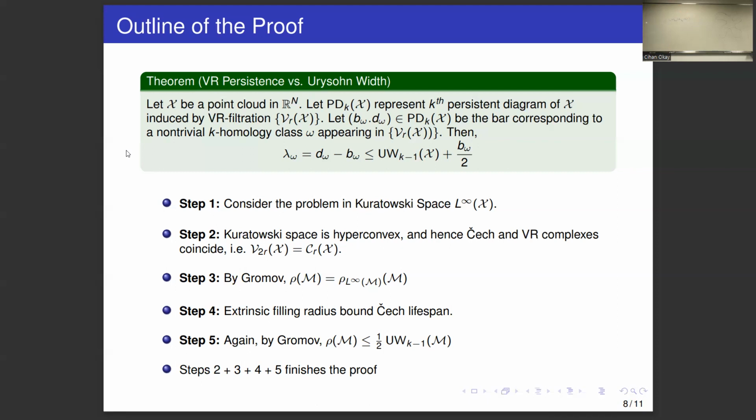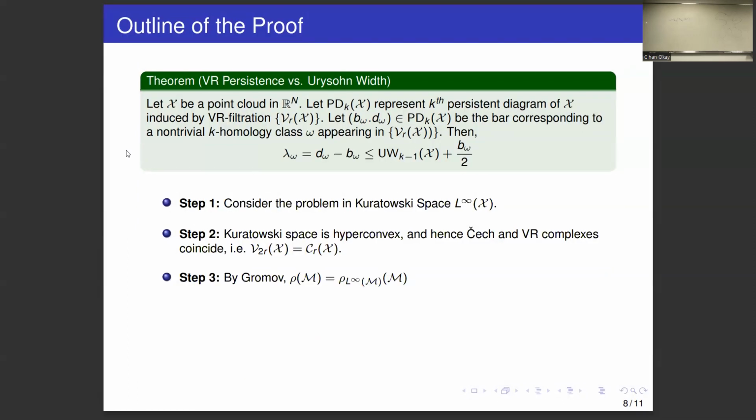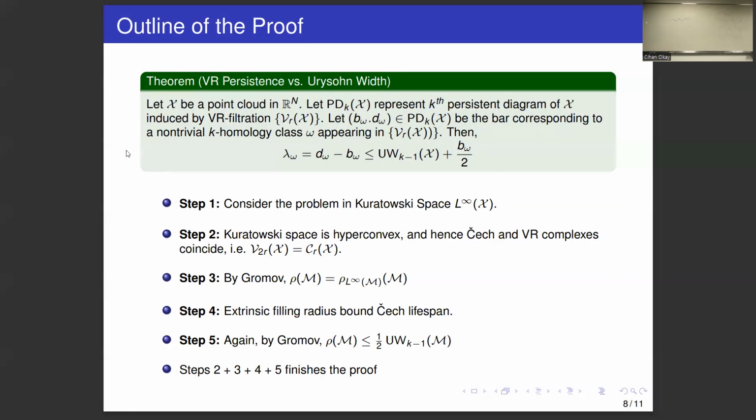No, you can still define Urysohn width just as before, but there must be something like this in that definition. Let me check. Did I mess it up here? Yeah, I need to fix that. Yeah, I'm not sure it's that, but you are right. There is something else here, not just X.